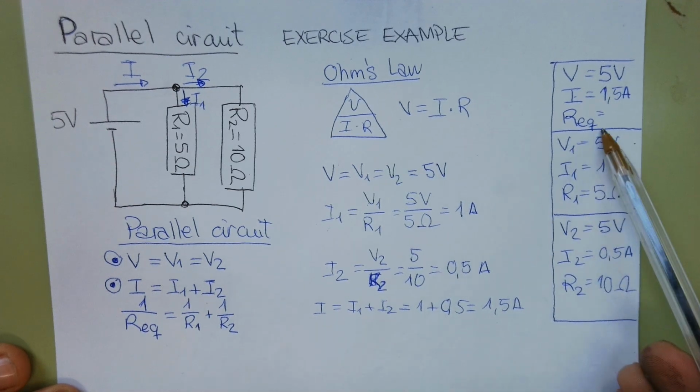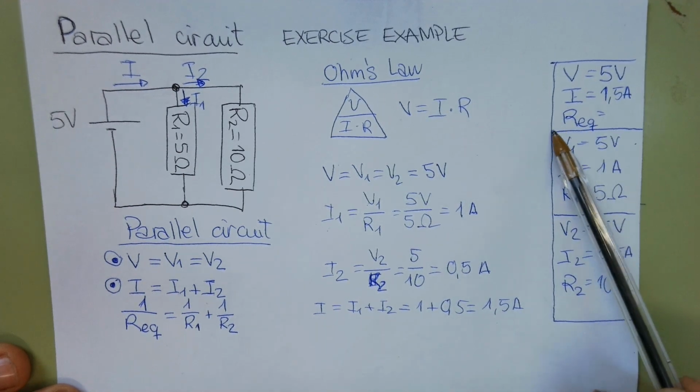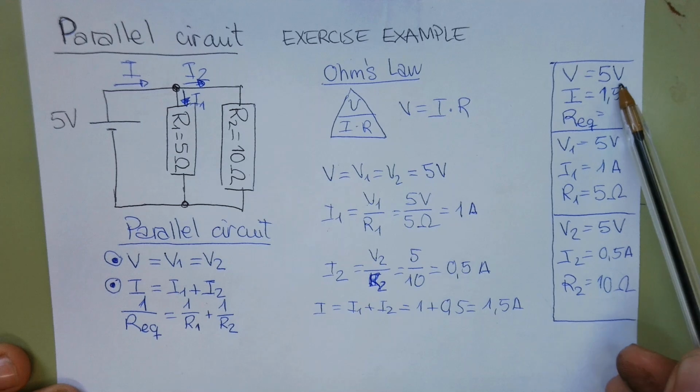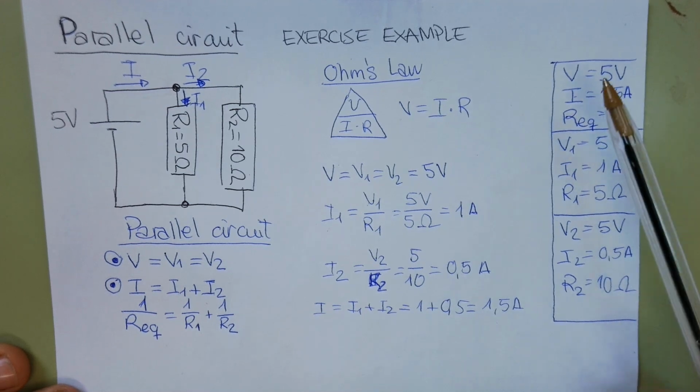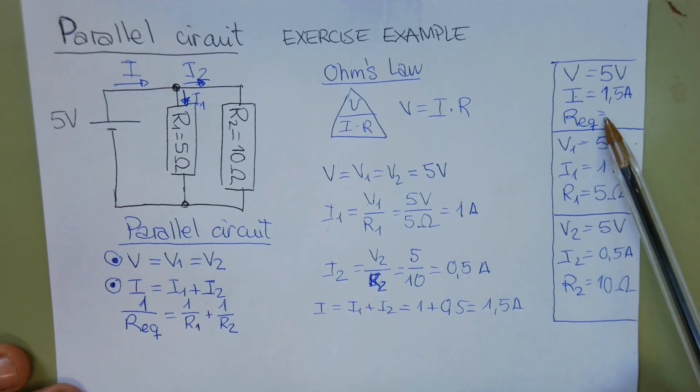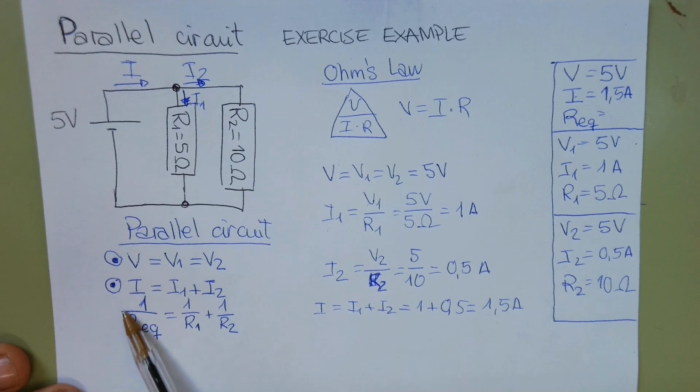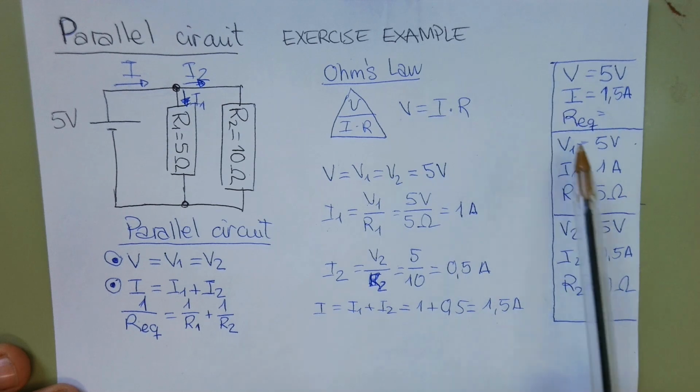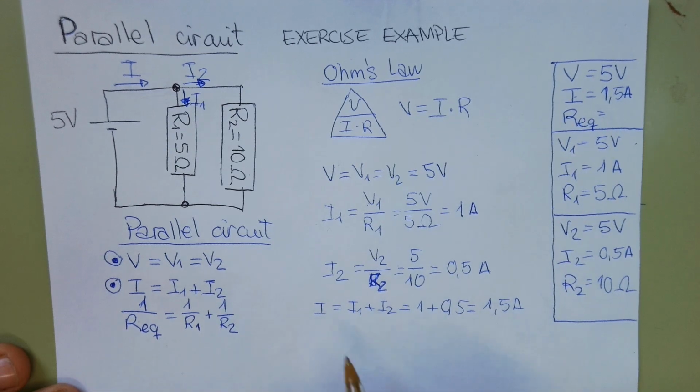And the only thing I don't know is the equivalent resistance of the circuit. I can work it out in two ways. One is using Ohm's law here. The other one is using the last equation. I'm going to use both, and I'm going to check if I have done it well. I'm going to start with Ohm's law because it's easier.